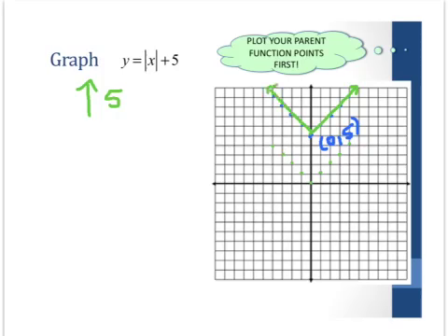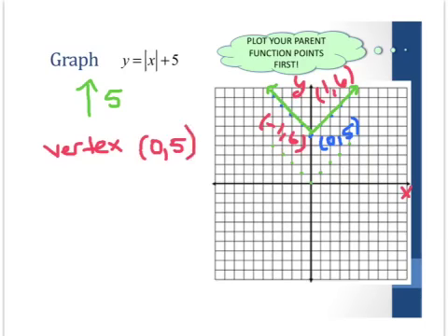You want to, of course, label a few additional points. Label your axes. So our new vertex is 0, 5, and I could have gotten that straight from the equation. H is 0, k is 5. Our axis of symmetry is going to stay x equals 0.